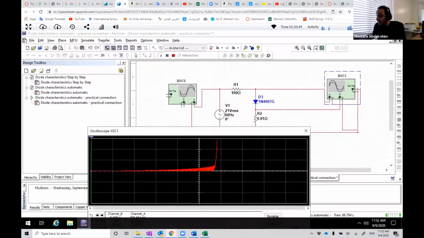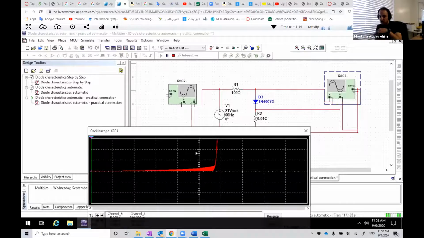So the vertical axis now is just the voltage across R2. To convert it to a current, we must divide this voltage by the value of the resistance, which is 0.01. This will give you the current through R2. Be careful with this. Again, R2 here is not 1 ohm.